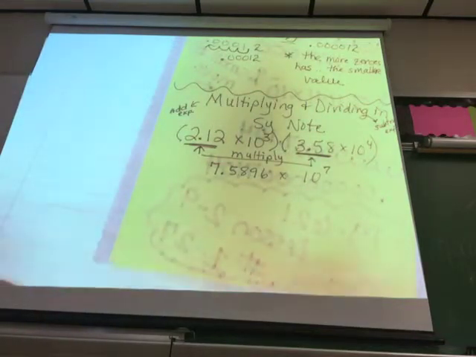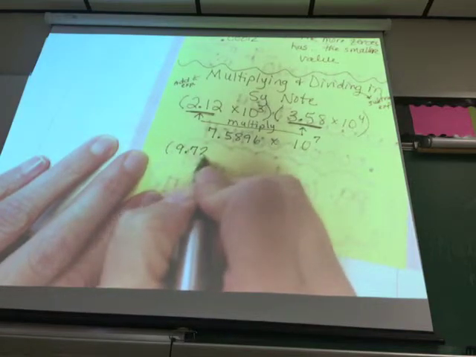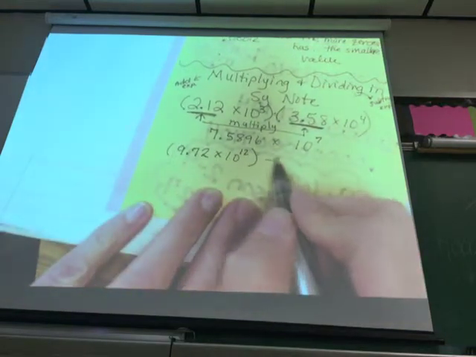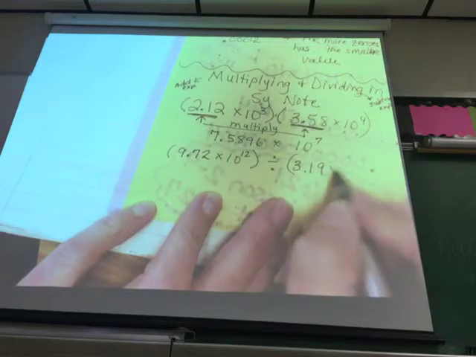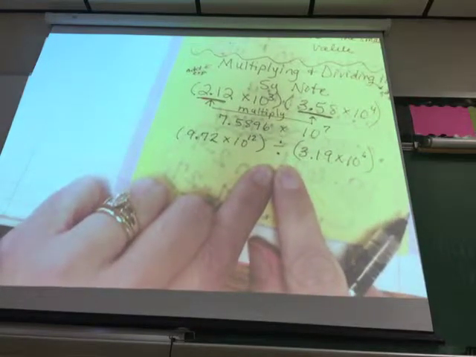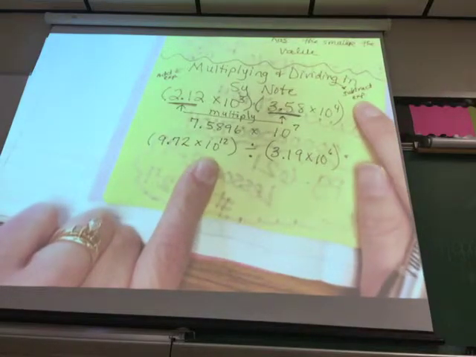Let's try another one. What if I have 9.72 times 10 to the 12th power divided by 3.19 times 10 to the 6th power. Again, it's a division, so that should remind you what to do with your exponents. We said subtract them.